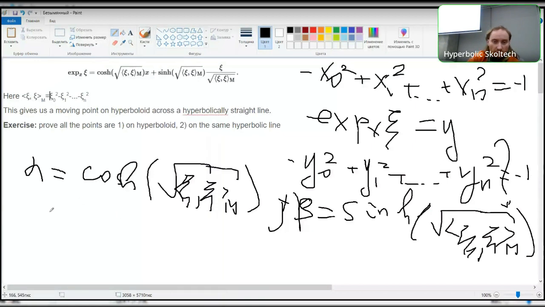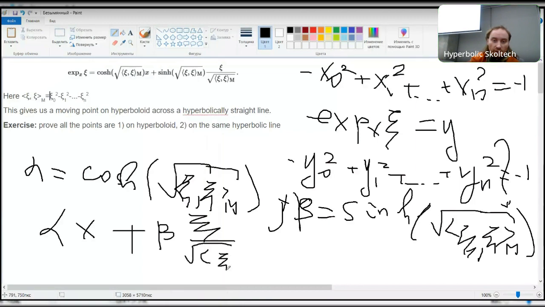So we have alpha plus beta multiplied by psi over the square root of the Minkowski scalar square.